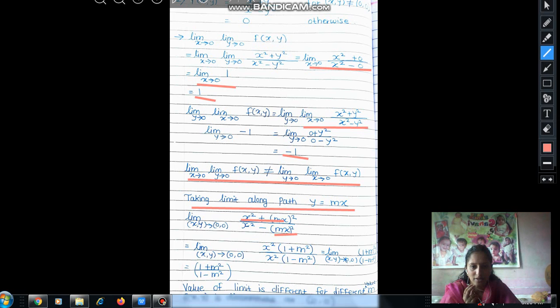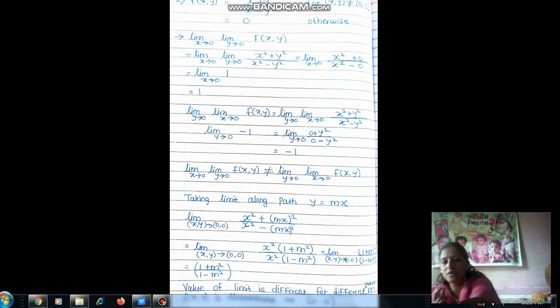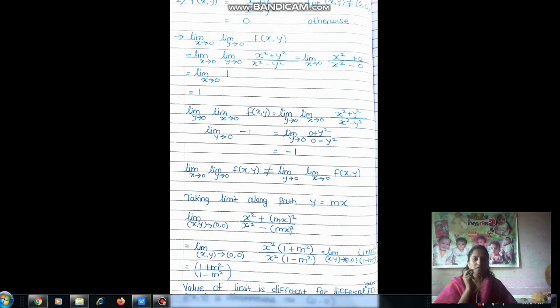Taking x square common and cancelling, the value remains 1 plus m square upon 1 minus m square. So the value of the limit is different for different values of m. If the value of m changes, the value of the limit also changes. Therefore the limit is not unique, so the limit does not exist, and therefore this function is not continuous.